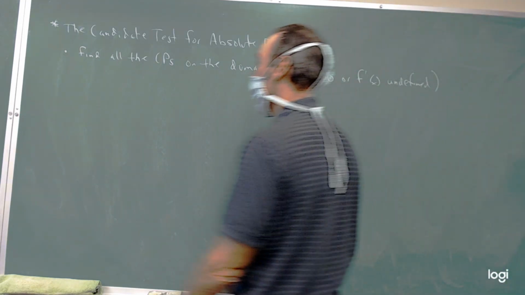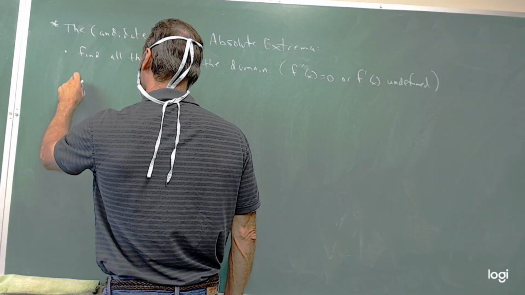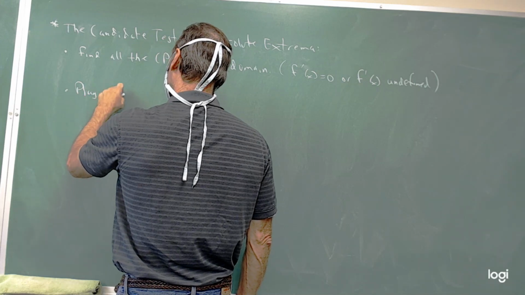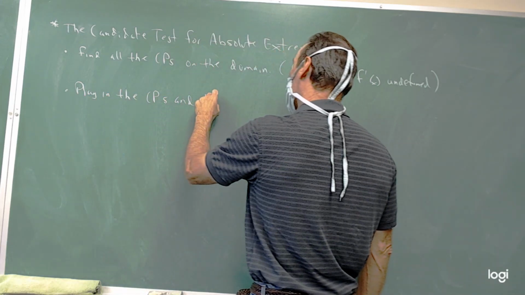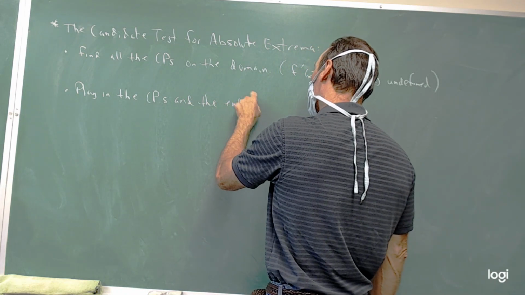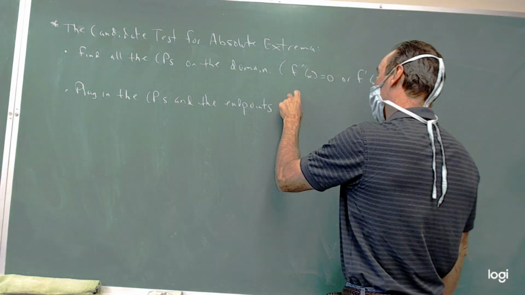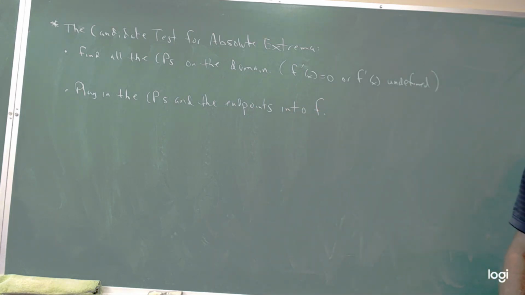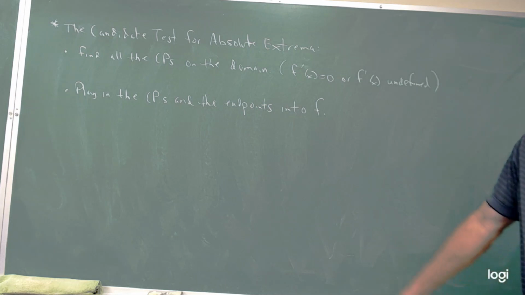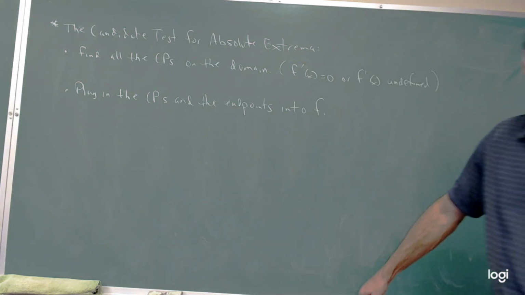Then you just plug in the critical points and the endpoints back into the original function f. Not into the derivative, but into the original function. And then you just pick out the biggest one.